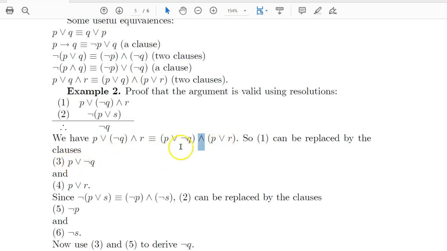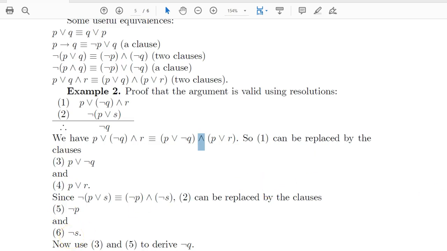So we can write 3 and 4 as clauses, and 2 can be replaced with not P, not S, two clauses. So instead of two premises, we'll have 1, 2, 3, 4 premises given.